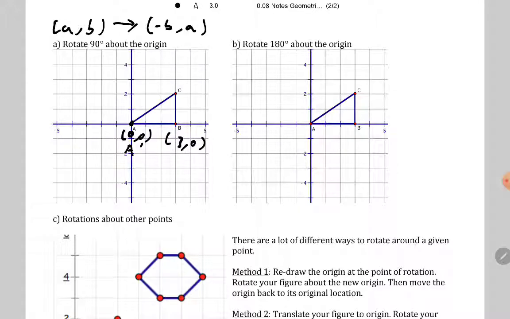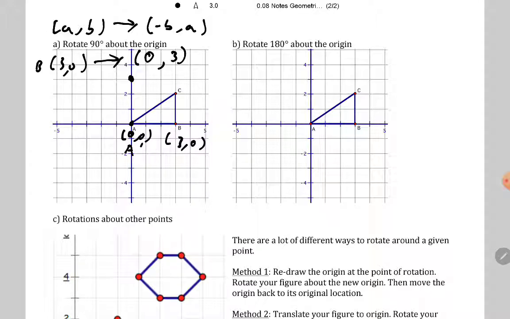So here's B, 3, 0. That's going to transform. So B gets switched with A, and then B becomes opposite. Well, B is 0, and the opposite of 0 is still 0. And then A gets moved over to this slot. So 1, 2, 3.